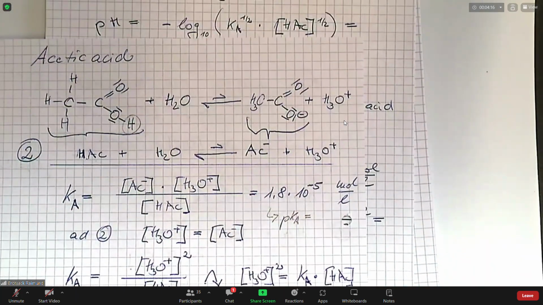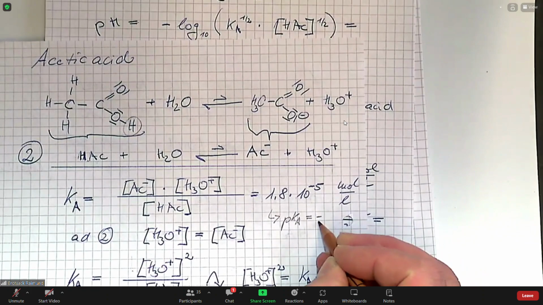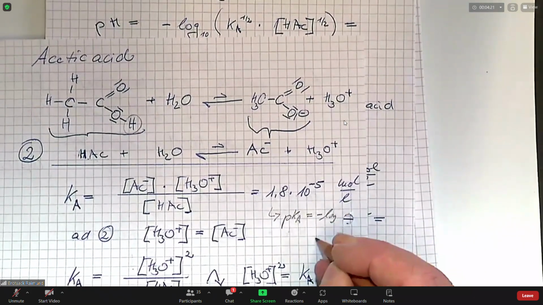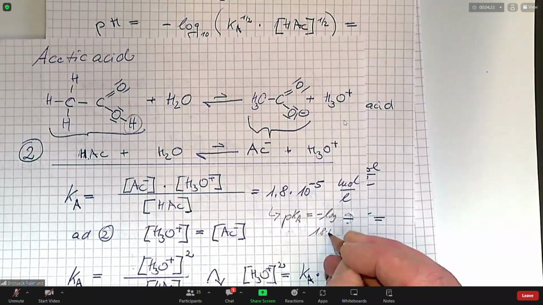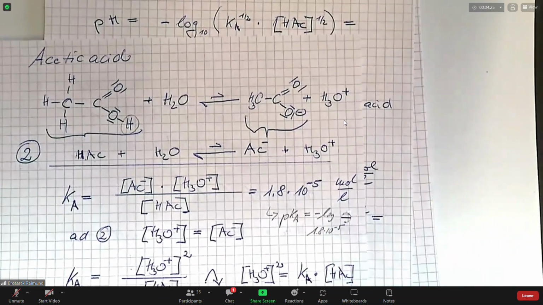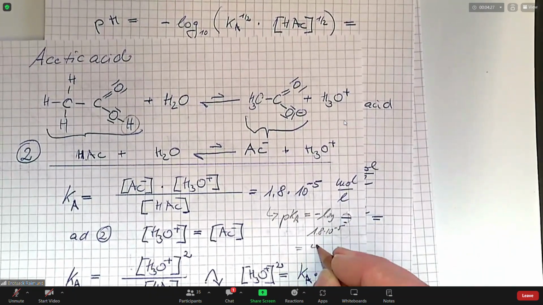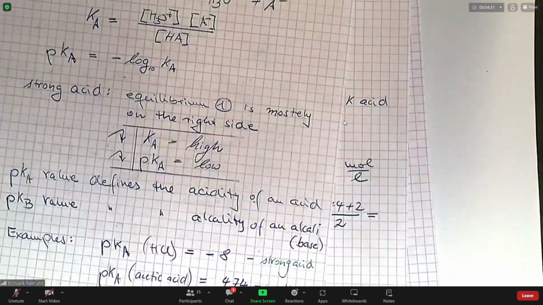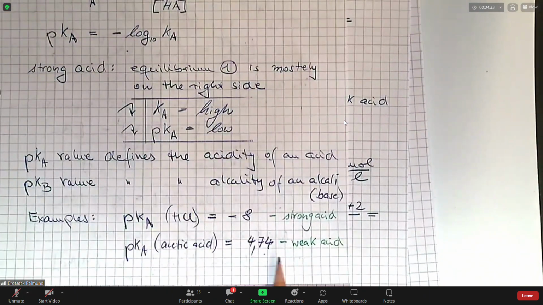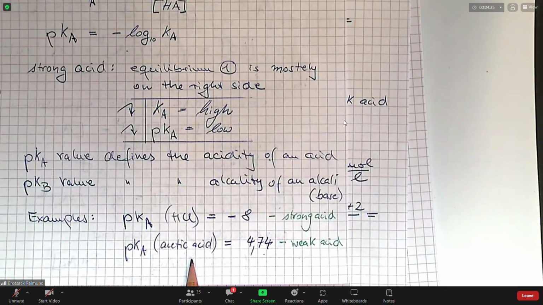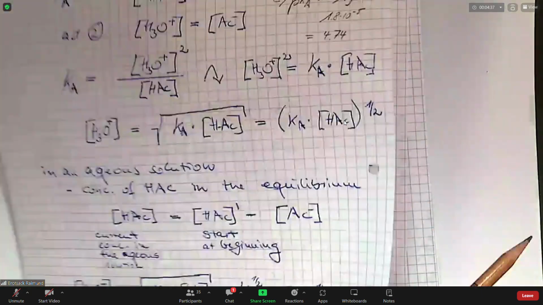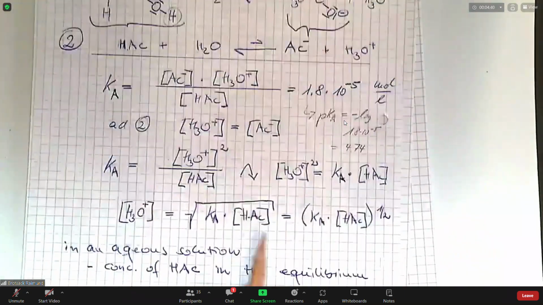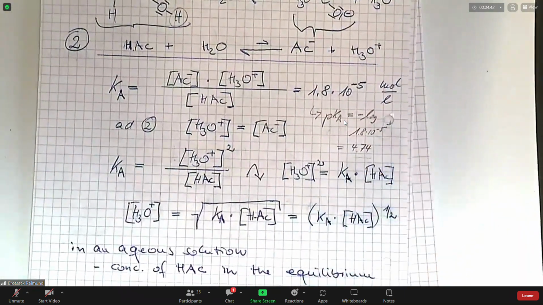The pKa is the negative log of this number, 1.8 times 10 to the power of -5. And this is 4.74. That's the number we had over here. If you remember, that's the acetic acid. You can check it via calculation. It must be this number.